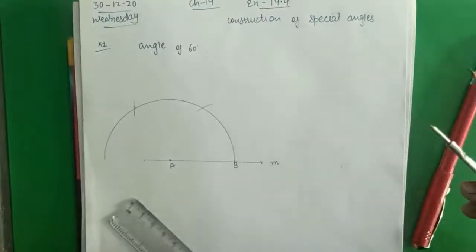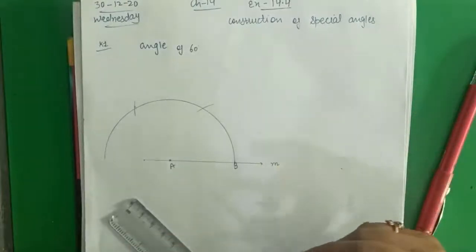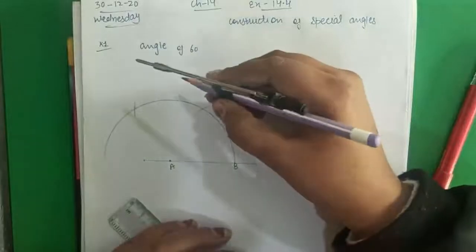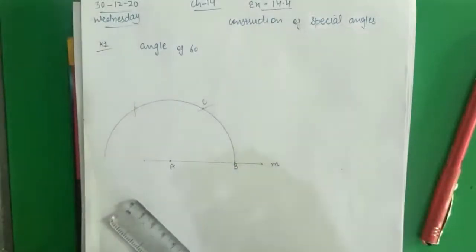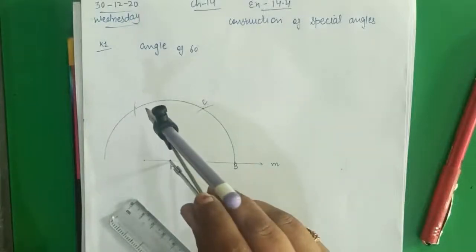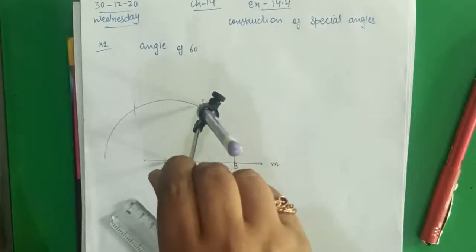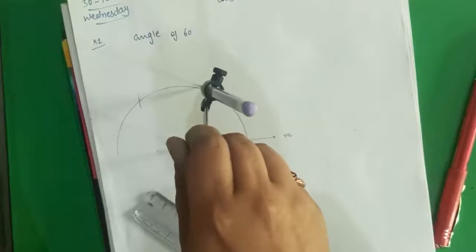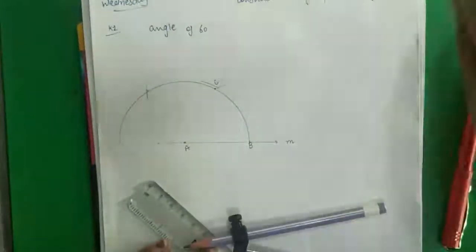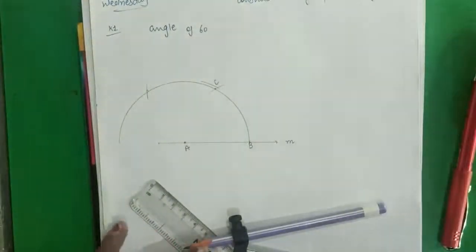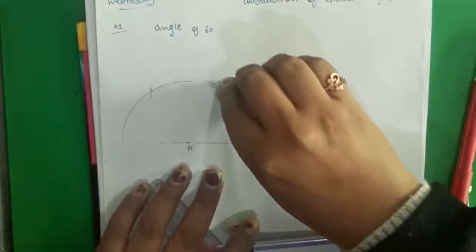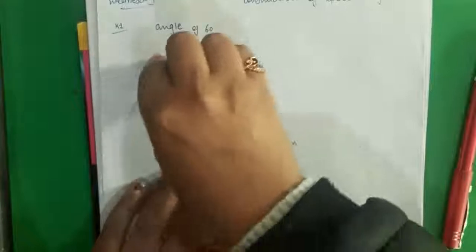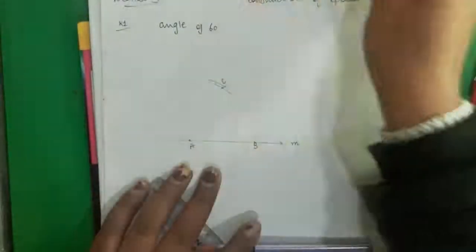Now, after this, name the point of intersection of the two arcs. This is C. Just a second. Here the construction is given like this. I am telling you another way.